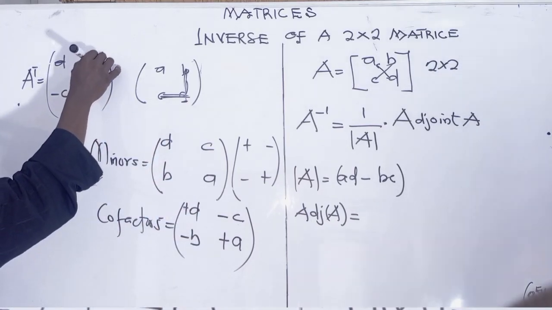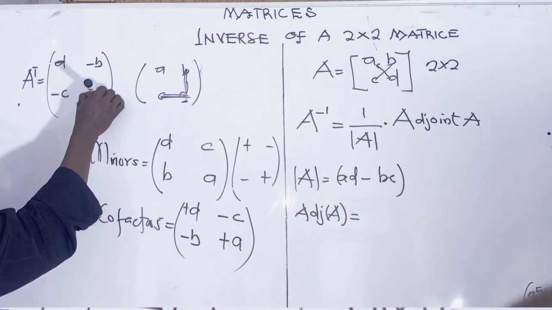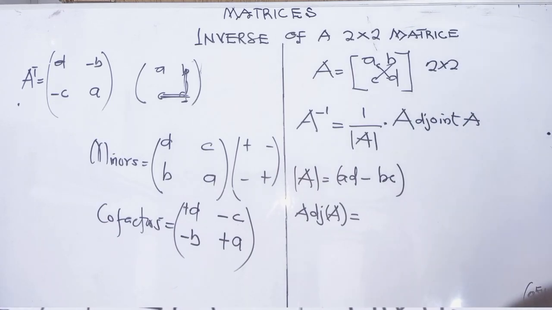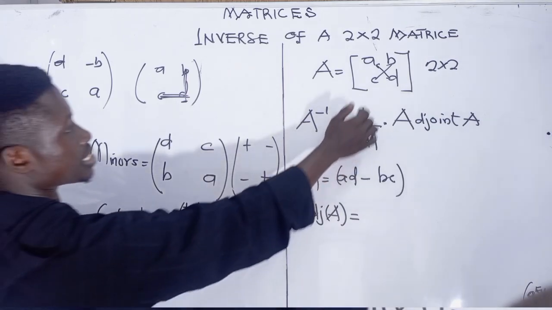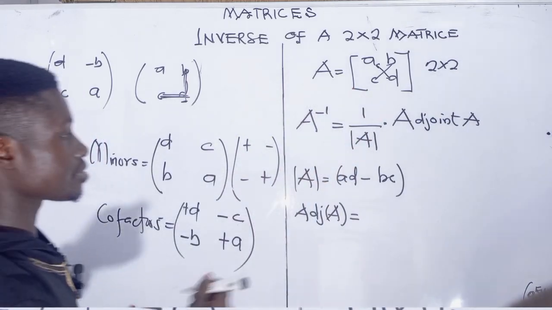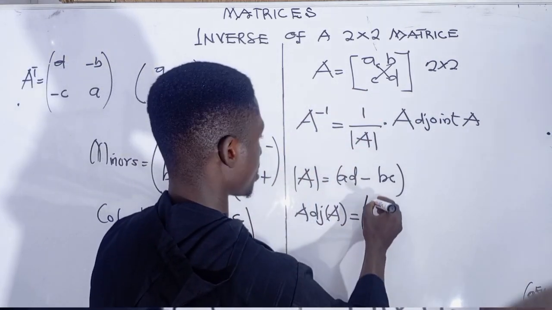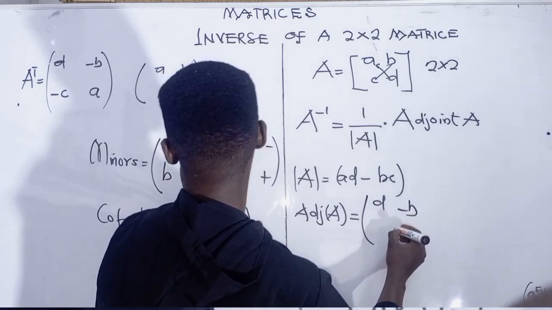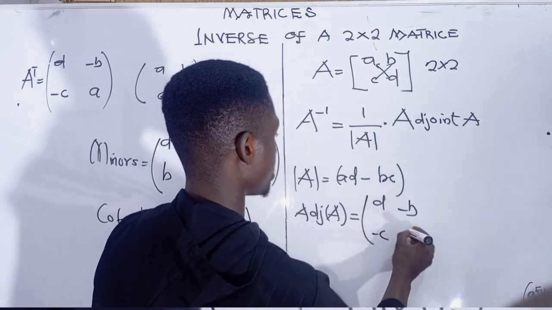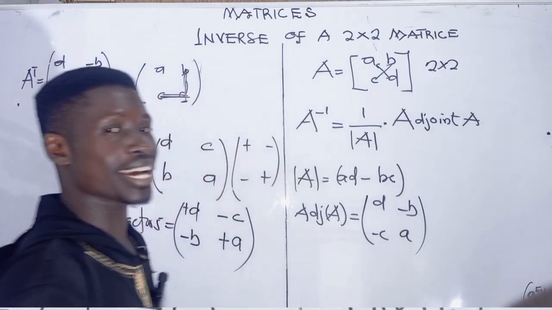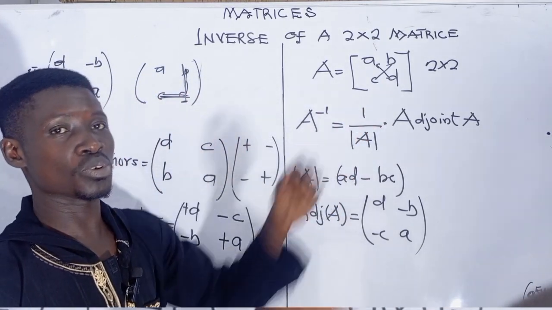So we have minus B and then positive A. So this is the adjoint of matrix A. So we have D, minus B, and then minus C, A. So this is how we find the adjoint of a 2 by 2 matrix.